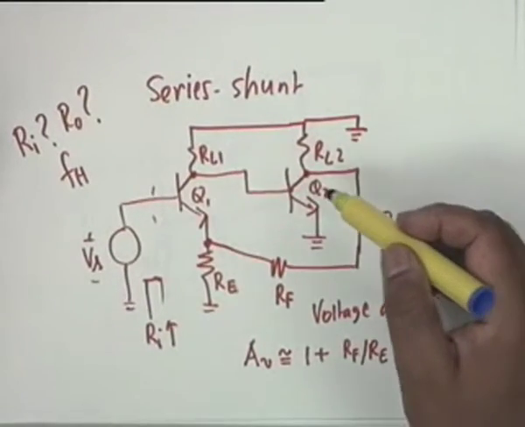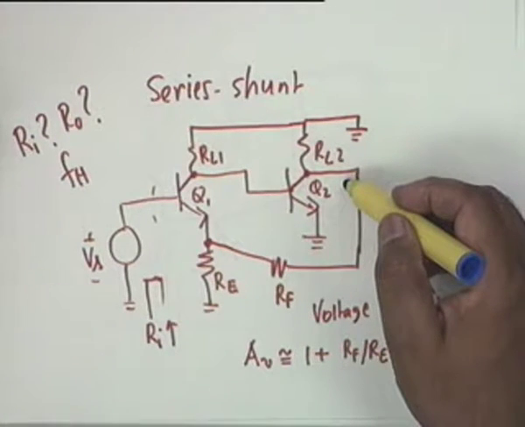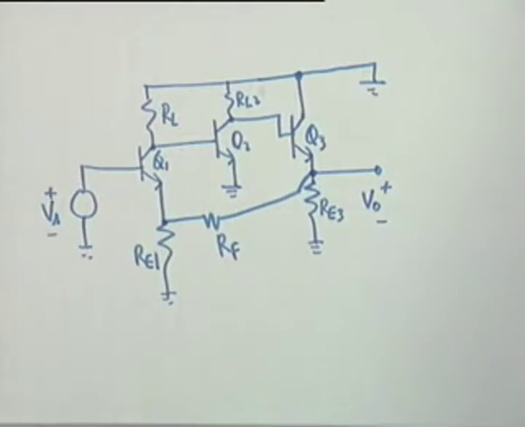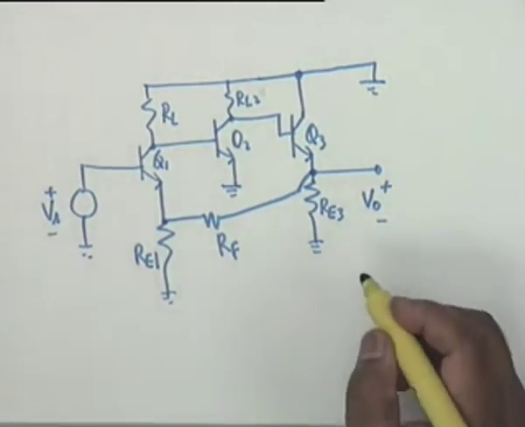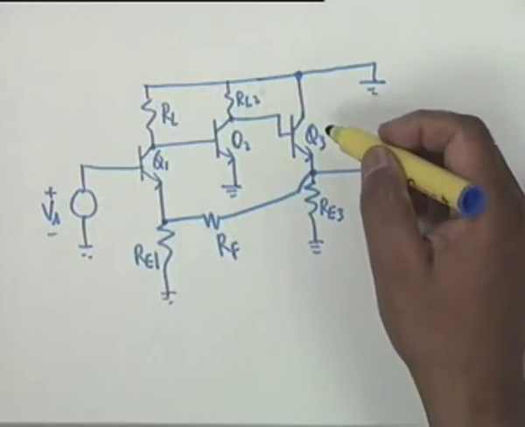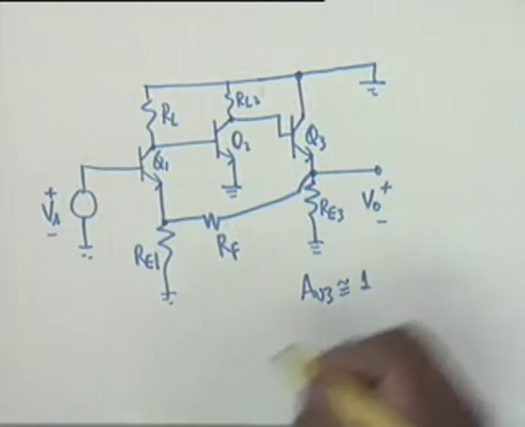All that has been added is, instead of taking the output from here, output has been taken from that of a common collector stage. Another common collector stage has been added. What do you think will happen to the gain of this stage, the mid-band gain? It should remain the same, because it is a voltage to voltage, and the gain of the third stage AV3 is approximately equal to 1.